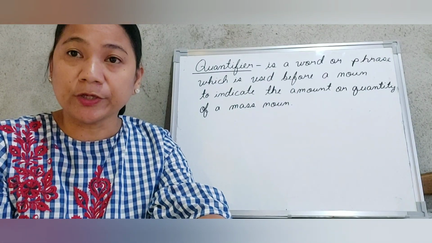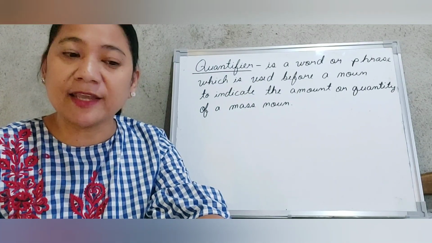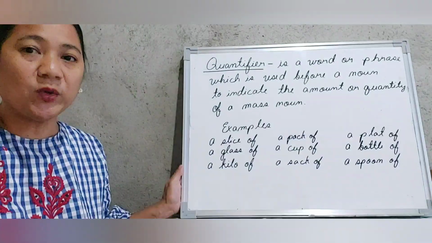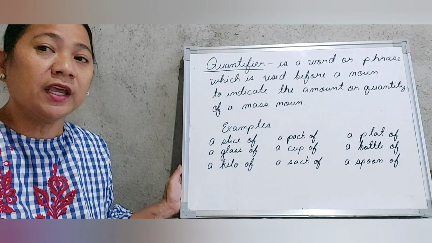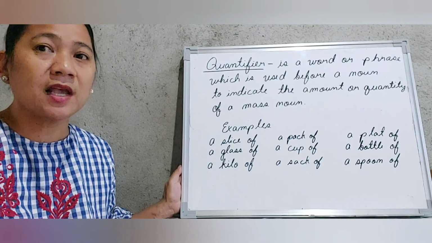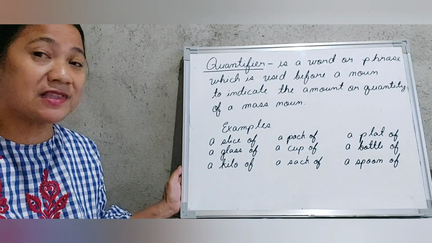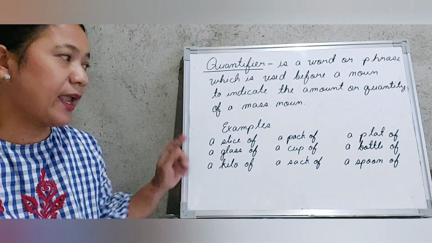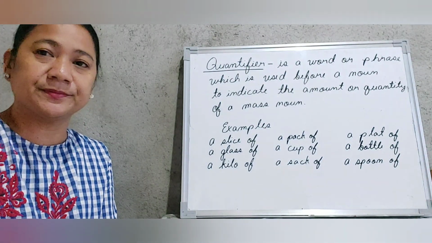A quantifier is a word or phrase which is used before a noun to indicate the quantity or amount of a mass noun. What we have on the board are some examples of quantifiers if the mass noun is in singular form. So we have a slice of, a glass of, a kilo of, a pack of, a cup of, and so on.